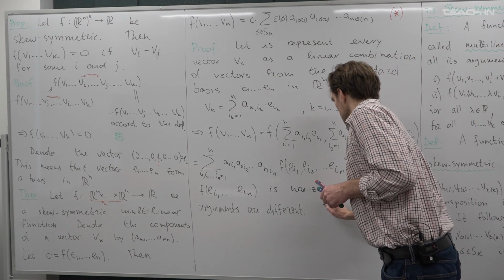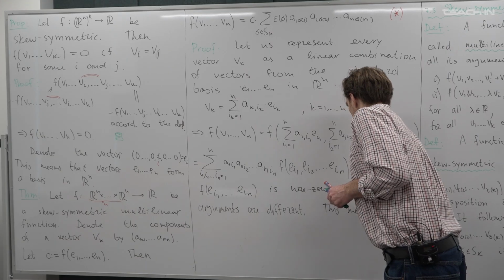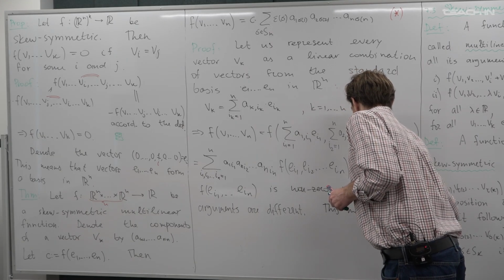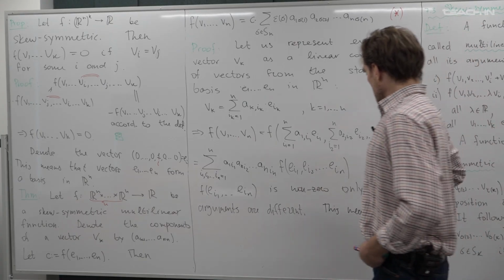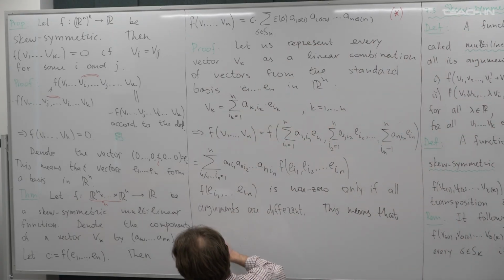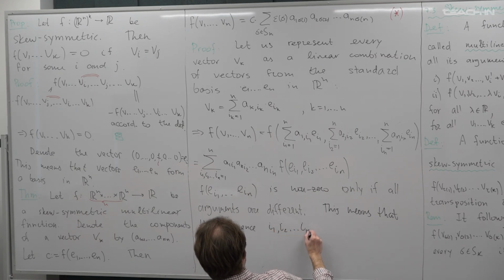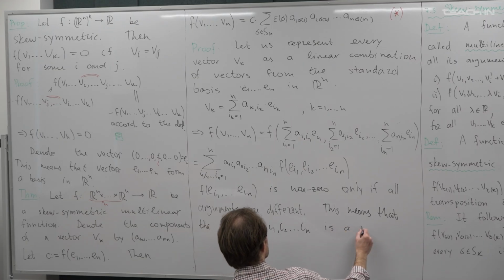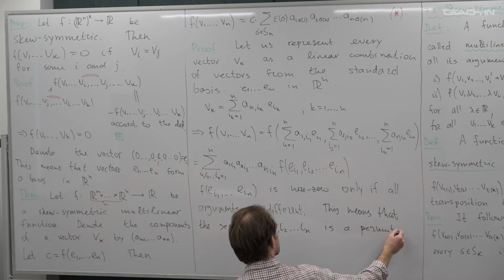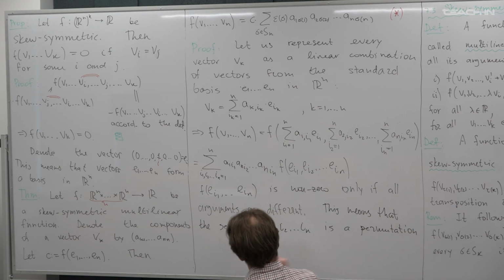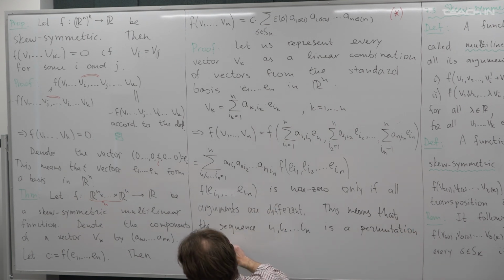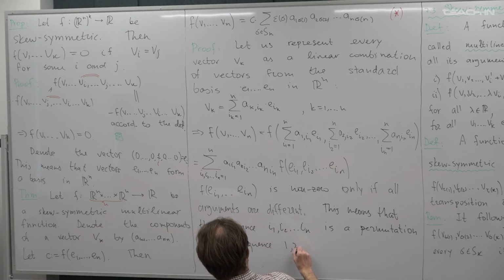So this means that the sequence i sub 1, i sub 2, etc., i sub n is a permutation of the sequence 1, 2, etc., n.